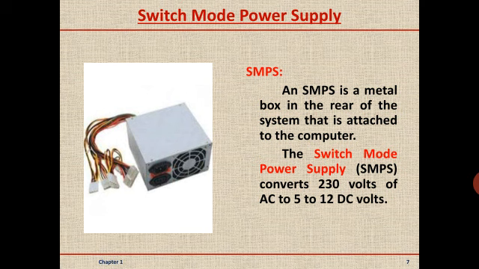An SMPS is a metal box in the rear end of the system. It is attached to the computer and to the system board. An SMPS with a rating of more than 300 watts is needed.